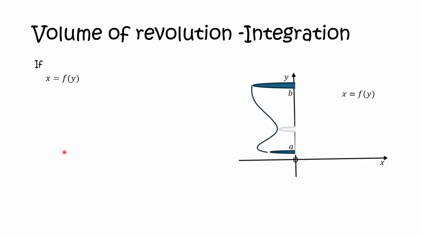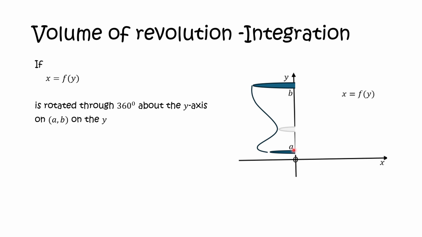So we are saying if we have x given in terms of f of y, such that we have the graph on the right hand side from A to B, then if it happens that we have the shape rotated through 360 degrees about the y-axis on AB on the y-axis, then we would have a 3D shape that is presented on the right.